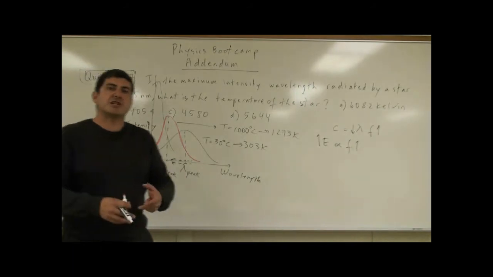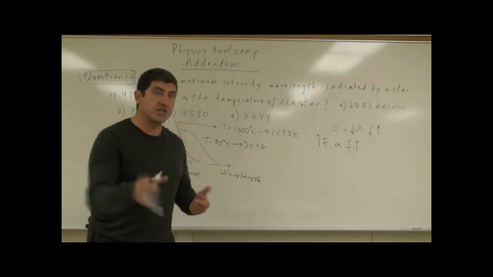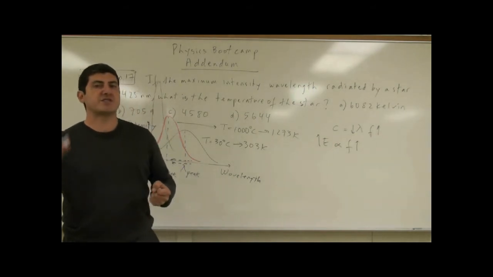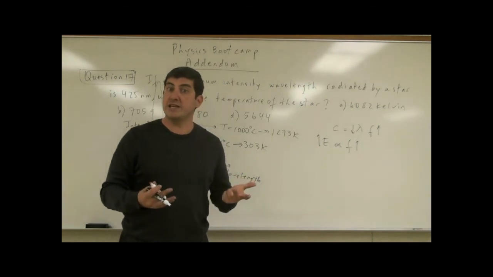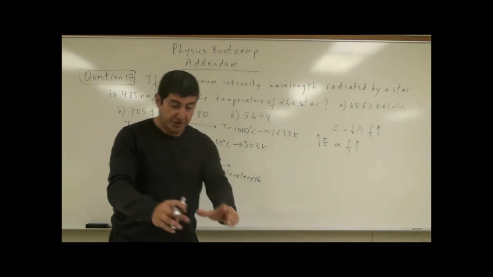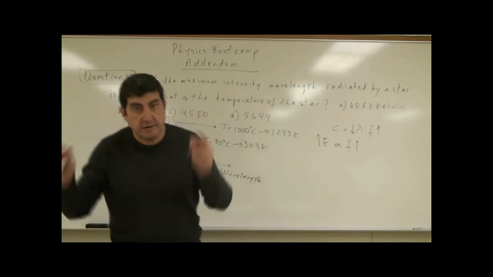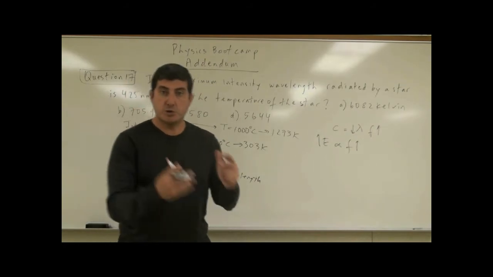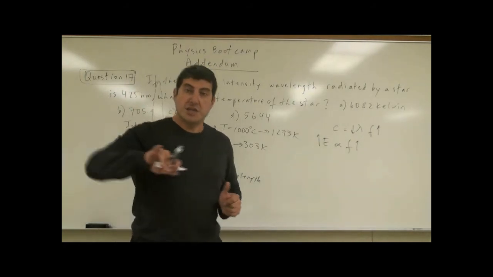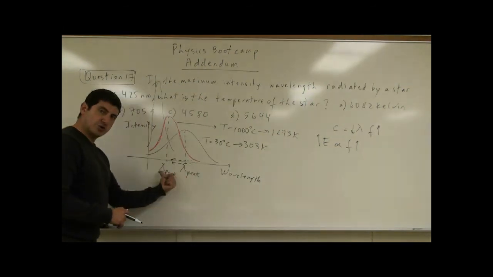So when an object is put in an oven, such as an iron rod, and you heat up the iron rod, what is the first visible color that it will radiate in? It will radiate in red, right? First, when the iron rod is outside of the oven, it's radiating infrared. Then you put it in the oven, you heat it up, you see a red glow. Then you heat it up some more, what should happen? The peak wavelength should go down.